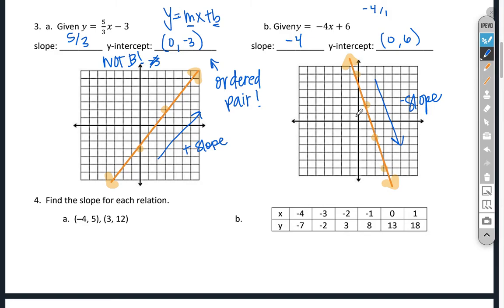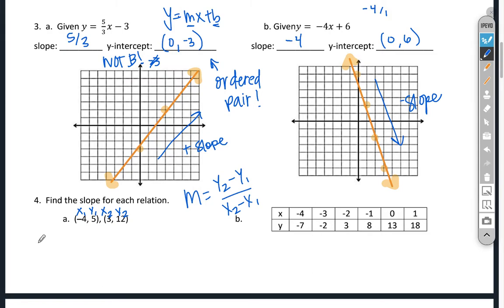All right, number 4 says to find the slope for each relation, and A gives us 2 ordered pairs. Hopefully we have the formula memorized. m equals y2 minus y1 over x2 minus x1. This is how we find the slope when given 2 ordered pairs. So remember, we've got x and y, and this is our first, this is our second, so we'd have x1 and y1 and x2 and y2, and then we just plug it in and solve.